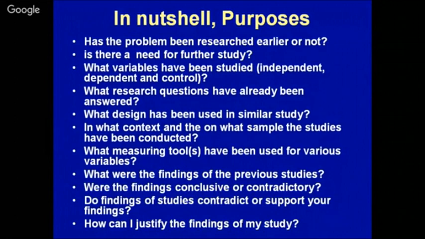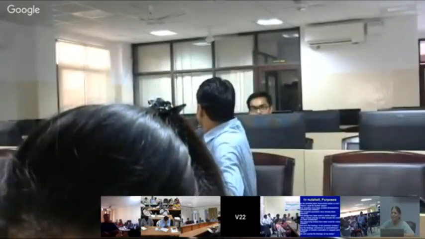So over to Jammu. Any response from the audience when you carry out review of related literature? What could be or what are some of the sources of information which a researcher tries to access and use?